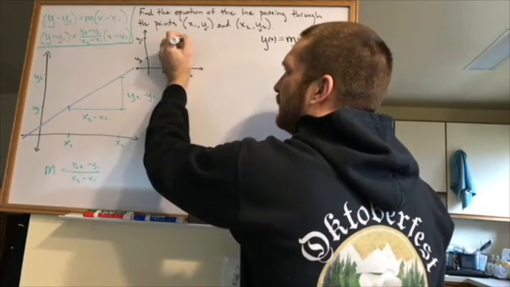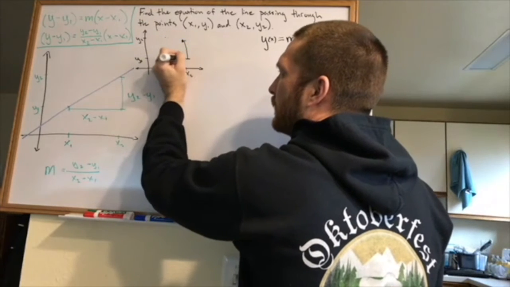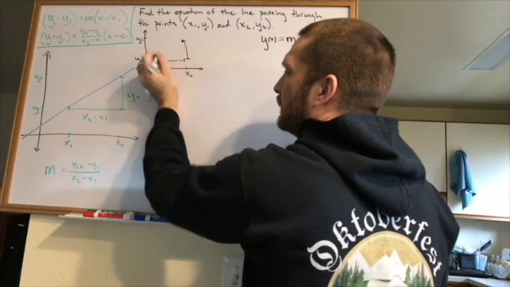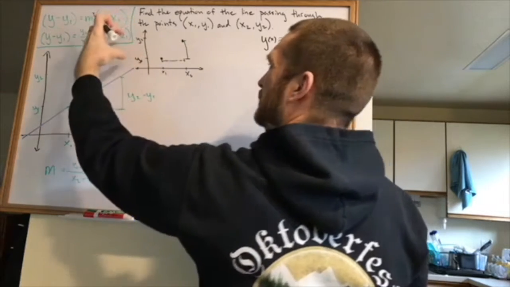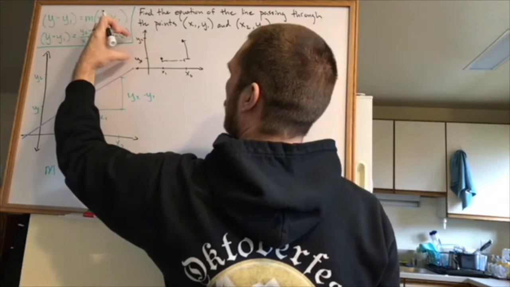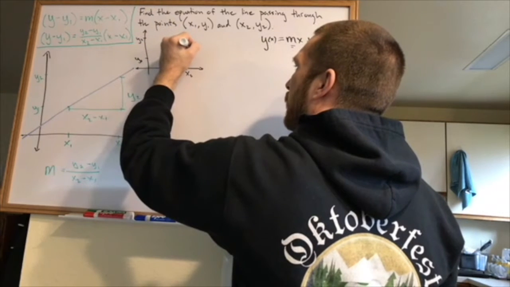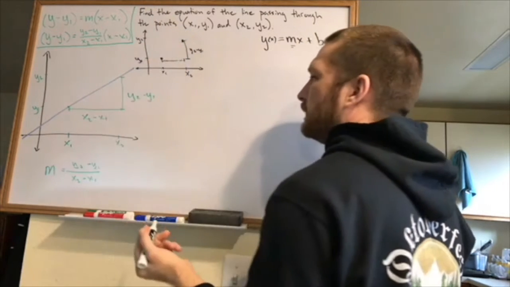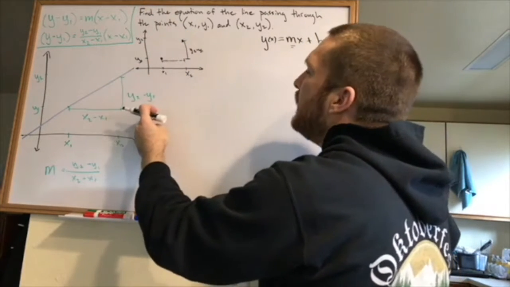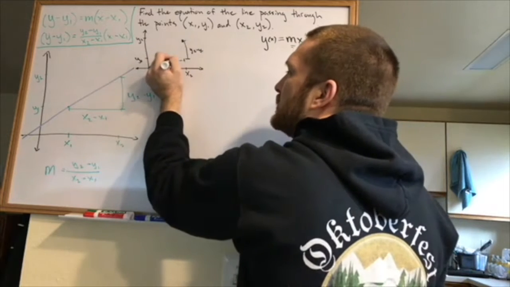I could find that rise over the run right here, because I have y2 and y1, so that height must be y2 minus y1. Maybe that looks familiar. And then that there must be x2 minus x1.